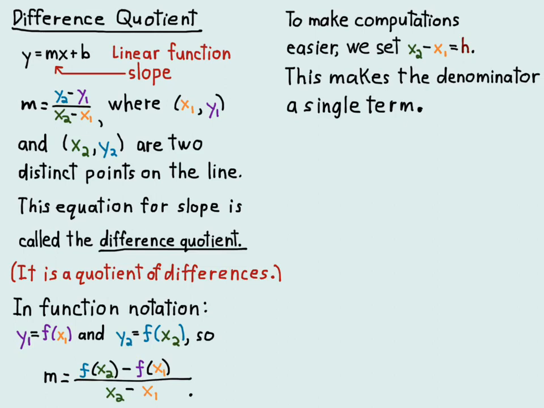We're going to get rid of the x2, and the way we do that is just take this right here, solve for x2, and plug the result in here for x2. So x2 equals x1 plus h.